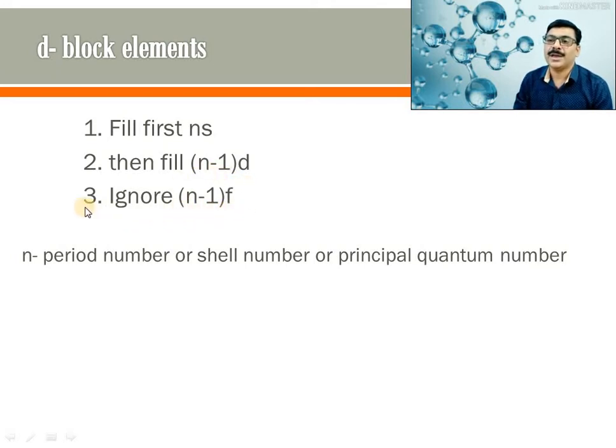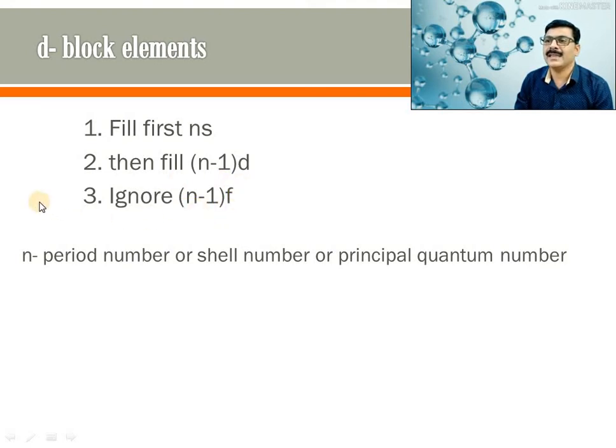And if you remember these 3 things, then you can easily write the shell electronic configuration of d block elements. So what is the first thing? Firstly you have to fill up the ns orbital, then fill up the n-1 d orbital and ignore the n-1 f orbital.